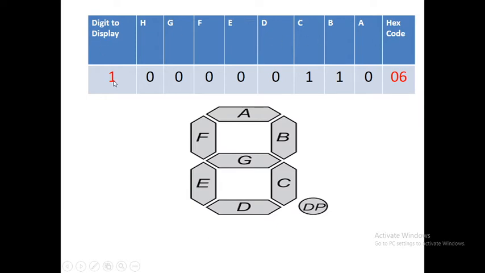When you want to display 1 on the 7 segment display, the B and C segments are on and all other segments are off, so you provide B and C as 1 1 and all others as 0 0. After that, just calculate the number. The lower nibble becomes 6 and the upper nibble becomes 0, and in this fashion 06 is the code to display 1 on the 7 segment display.